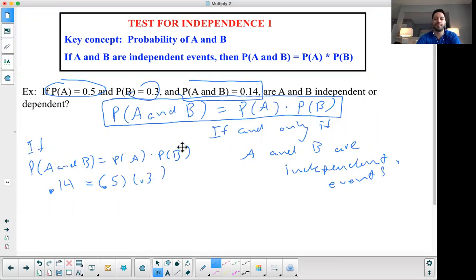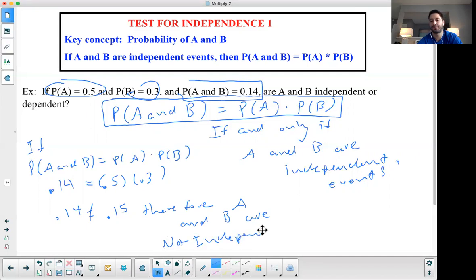So 0.5 times 0.3 is 0.15. And notice 0.15 does not equal 0.14. Therefore, A and B are not independent, or they are dependent.